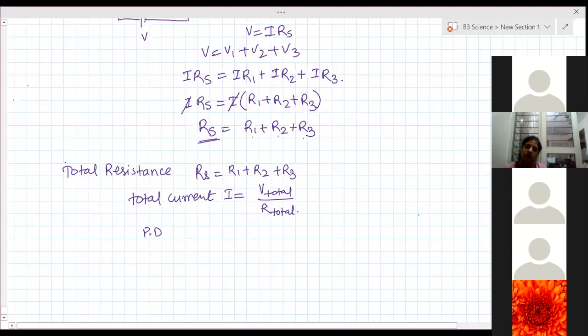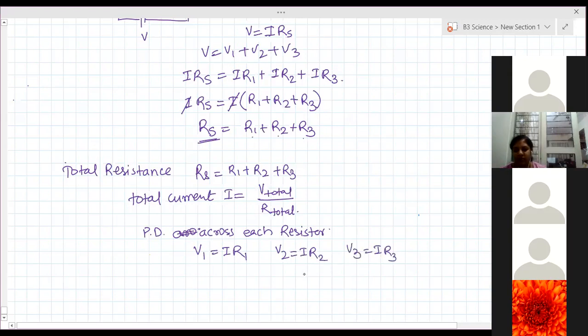So PD, potential difference across each resistor, that can be calculated by V1 is equal to total current into resistance, I into R1. V2 is equal to I into R2. V3 is equal to I into R3. Depends on the number of resistors.